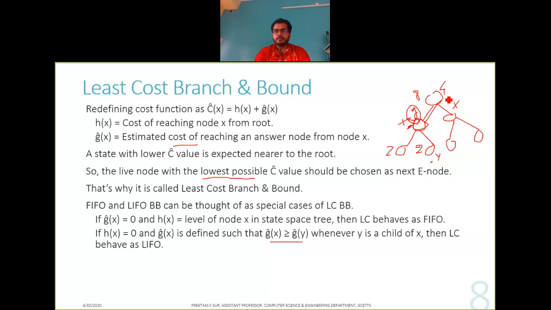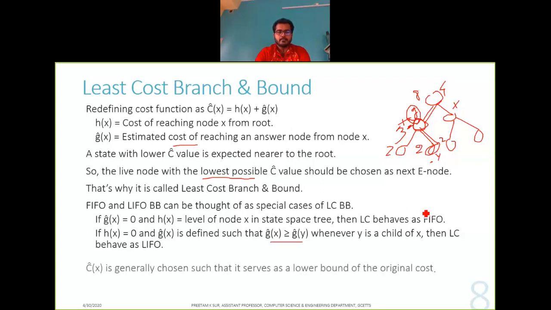Suppose this is 4, then this can be 4 or 3. Suppose this is 3, so it will now be expanded further. When it expands further, suppose this node is generated; it will have a cost less than or equal to its parent, suppose 2. In this way it will behave like a depth first search, or the same as LIFO. Anyway, that is just for your information and will not be of much help for our study.